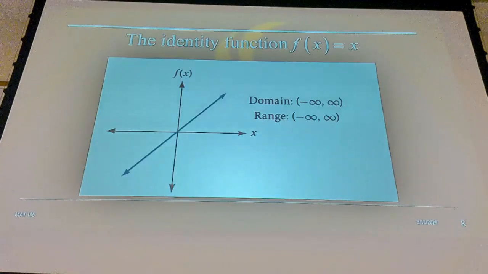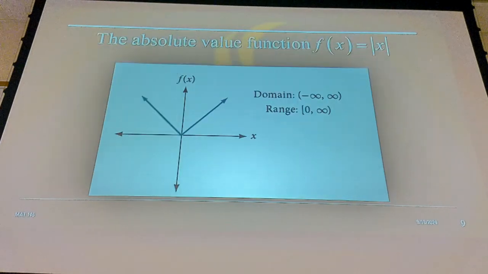Let's go with the first response, which is not correct. This one's odd. It's symmetrical about the origin. What about absolute value? That's even. X squared, even. X cubed, odd.